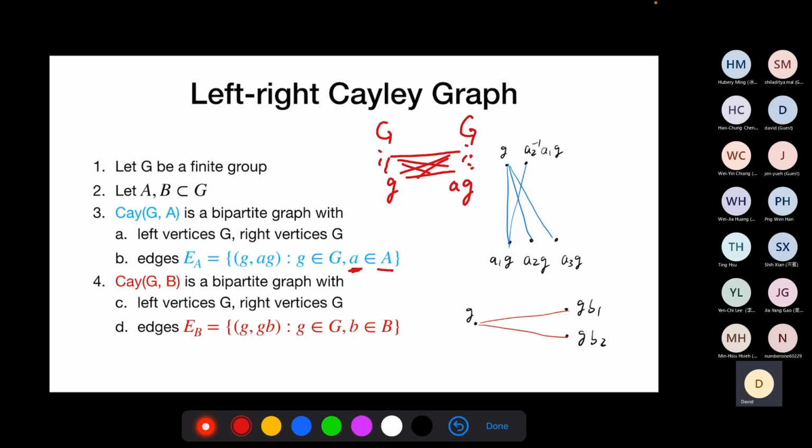Similarly, for the other Cayley graph, we can do a similar construction, except that now we multiply B on the other side. So we have G to GB.